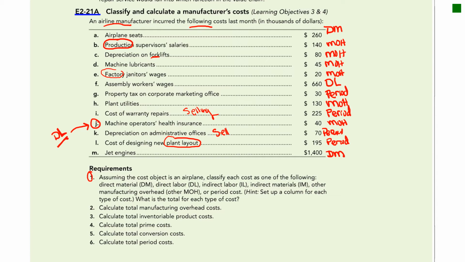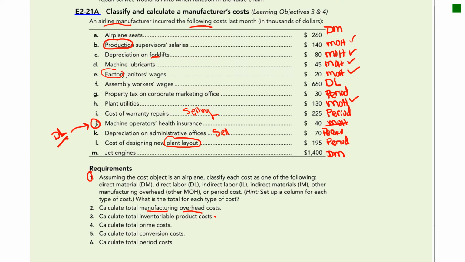Okay, now, so we've got number one, and then now we go to questions 2 through 6. Question 2 says, calculate total manufacturing overhead cost. So if you basically take each one of these that I had identified as overhead, don't use this one, and then just add these together, that's going to be your total overhead cost. Next one said calculate total inventory product cost.